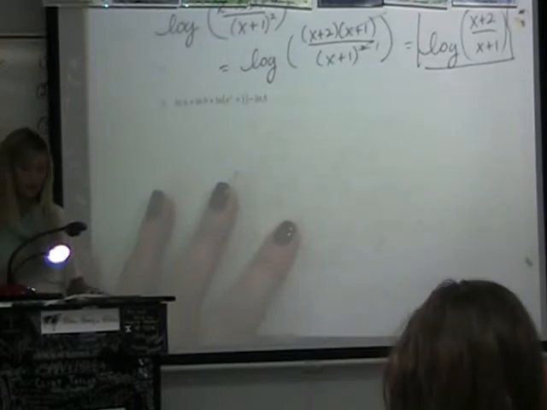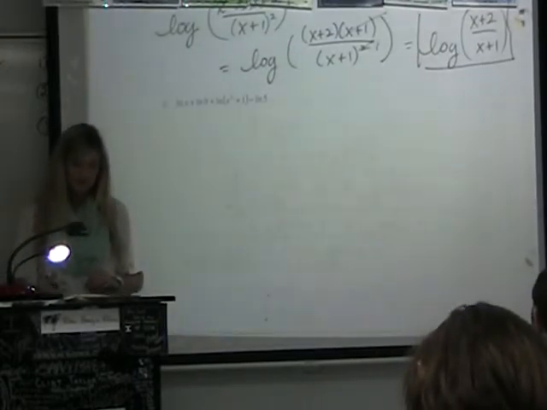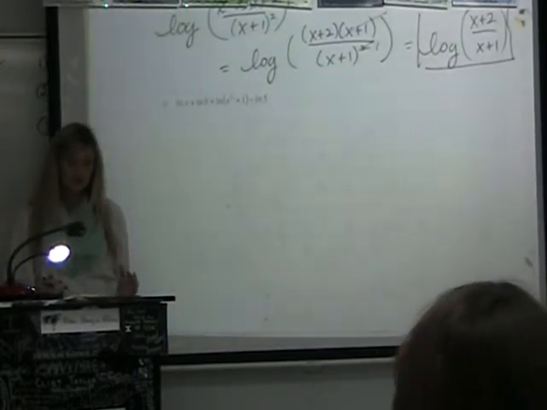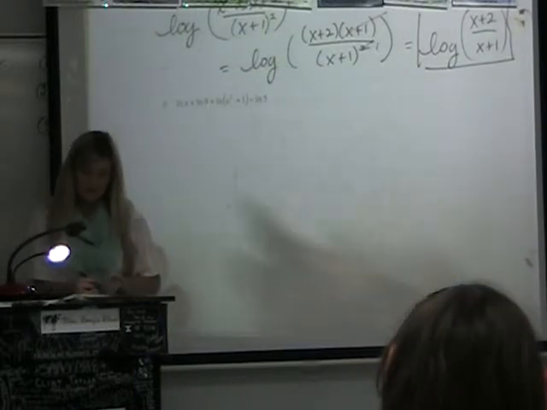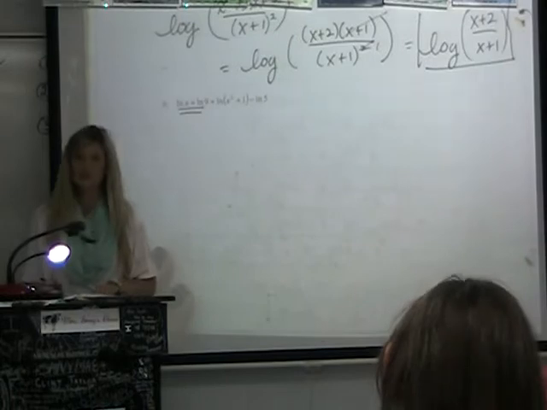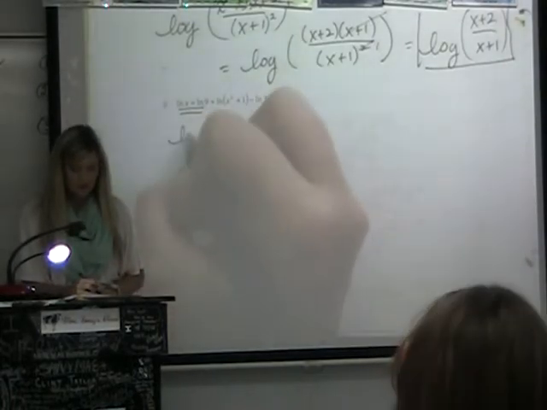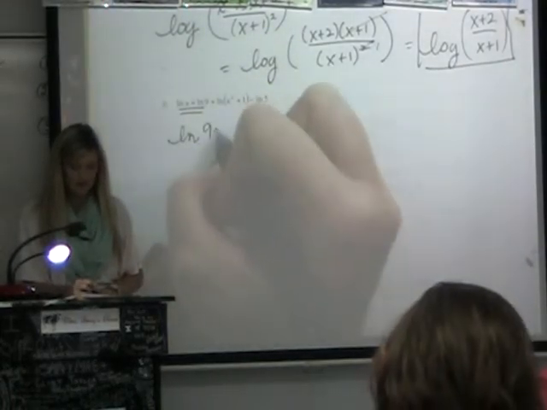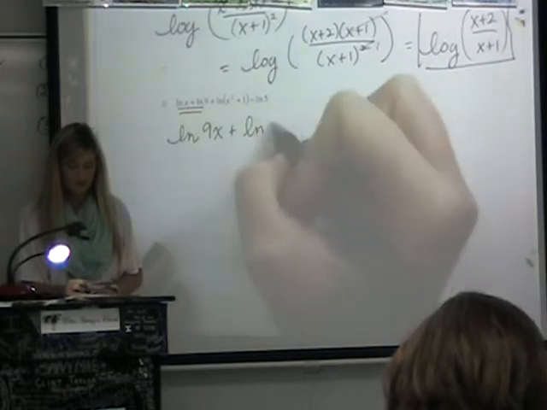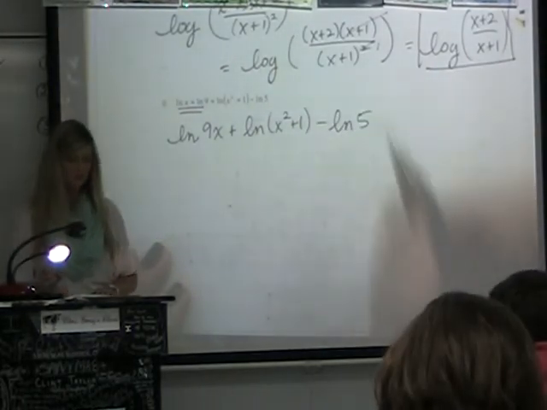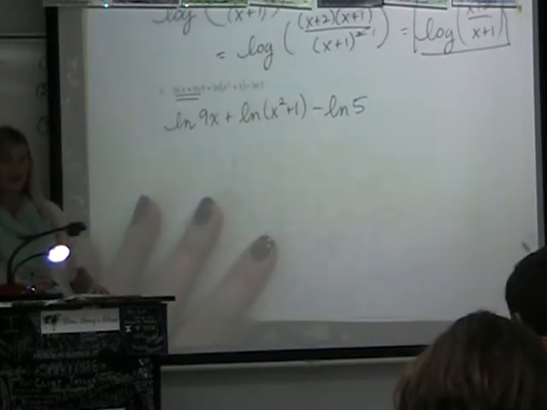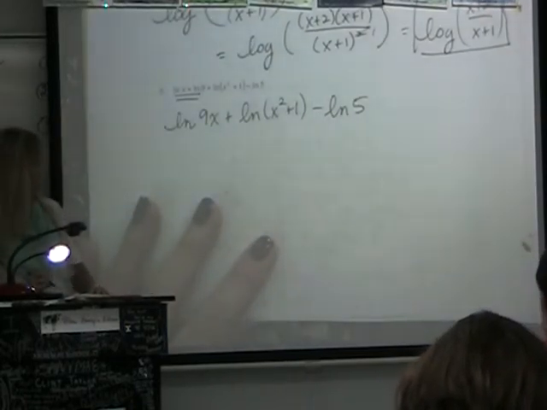Alrighty, let's look at number 8. This one has multiple natural logs, so what you want to do is work from left to right. And so I'm going to do these two first. And I know, again, addition implies multiplication. So notice I'm working in pairs from left to right.